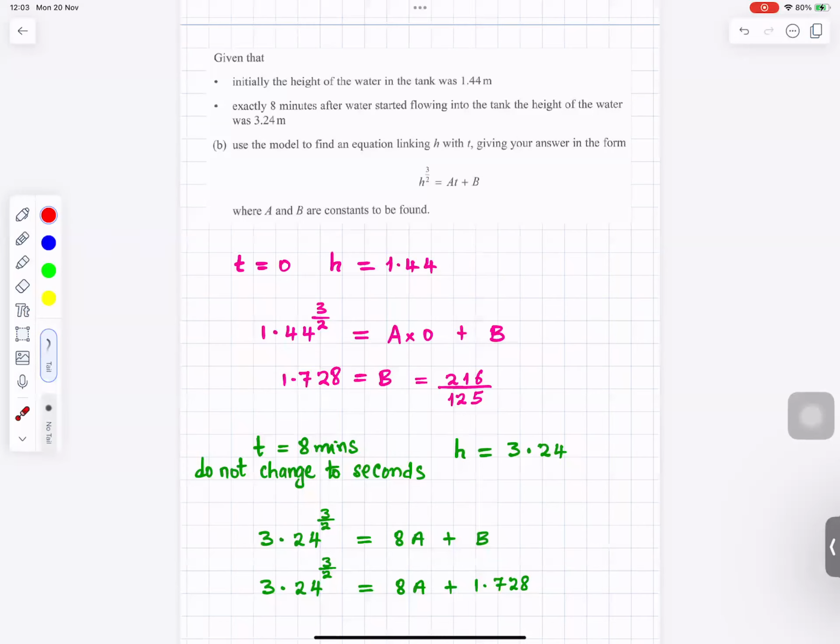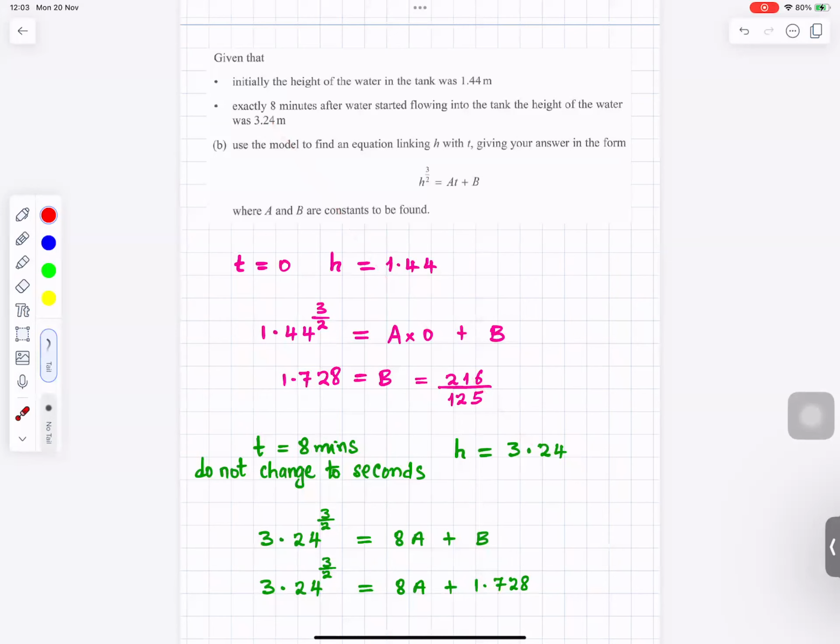For part B, we put t equals 0 because it says initially. Initially, time is 0 at the start. h is 1.44. So you substitute h is 1.44, t is 0. You solve it, you get b is 216 over 125. You put t is 8 minutes and h is 3.24. Do not change it to seconds because the question is in minutes. So you would get 3.24 to the power 3 over 2 equals 8a plus b.